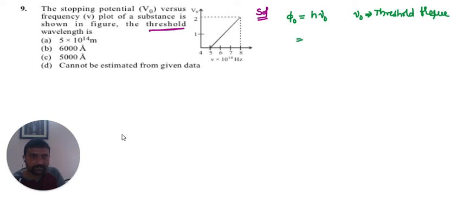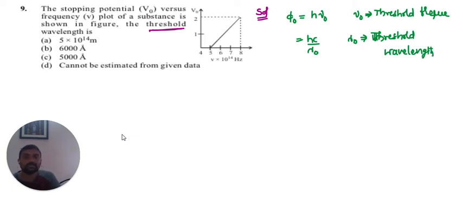It can be written as hc by lambda naught, where lambda naught is the threshold wavelength. Since this is electromagnetic radiation, we can write nu naught equals c by lambda naught.